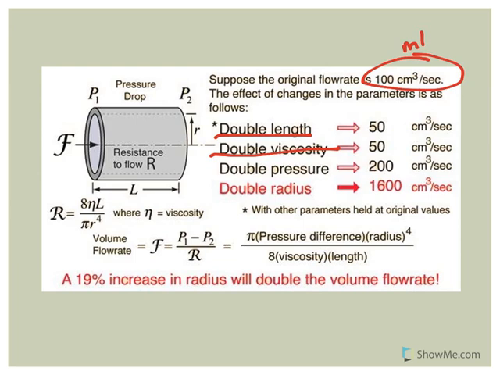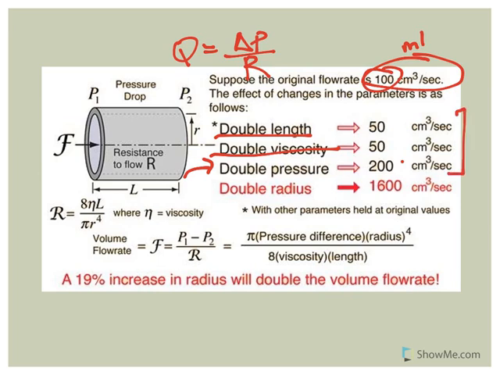Okay, so it's pretty much direct. If I double the pressure, because Q is equal to delta P over R, that's going to have a direct effect, and that's going to increase flow. And so I'm doubling it, I'm going from 100 to 200. Okay, so those are straightforward.